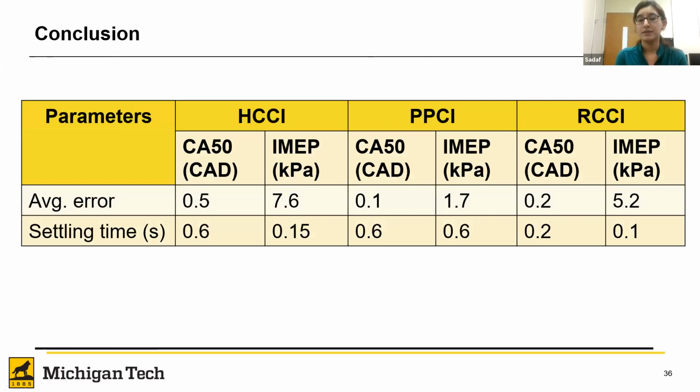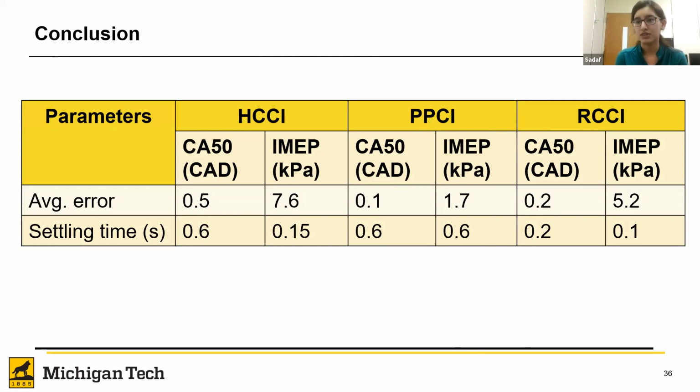The controller reference tracking performance showed 0.5 crank angle degrees average error for HCCI mode in combustion phasing and 7.6 kilopascal in indicated mean effective pressure. Combustion phasing takes 0.6 seconds, which is 4 engine cycles, to reach the targeted value, and indicated mean effective pressure takes 0.15 seconds, which is 1 engine cycle.